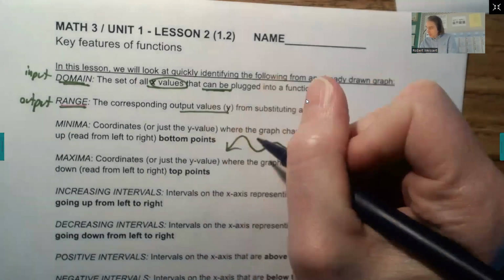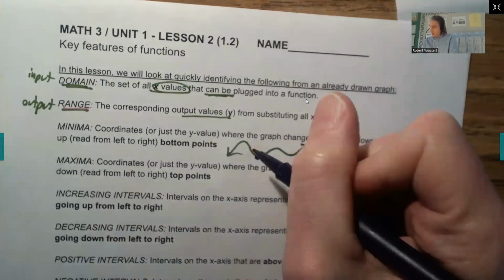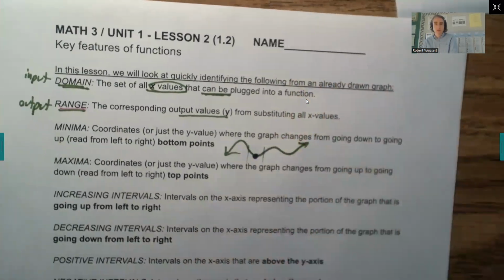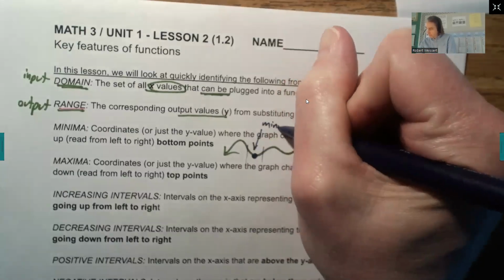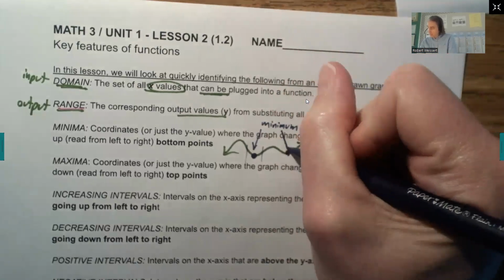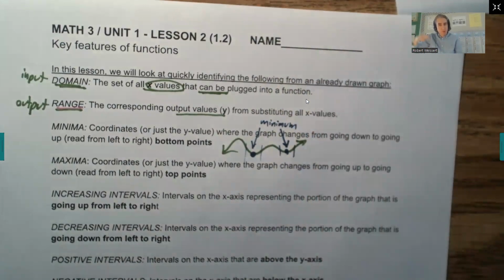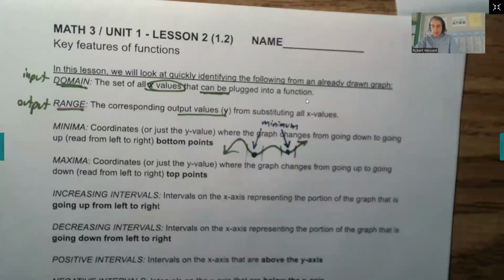For instance, this point right here, that's what we would call a minimum. It's at the low point between those two values. And so is that point. Both of those are low points where the graph turns back around and goes in the other direction. Whereas these points up here, we call these maximums.